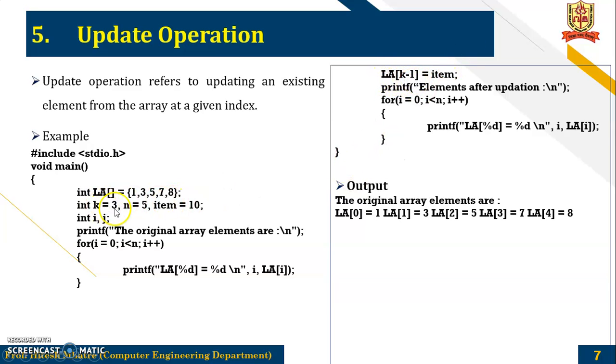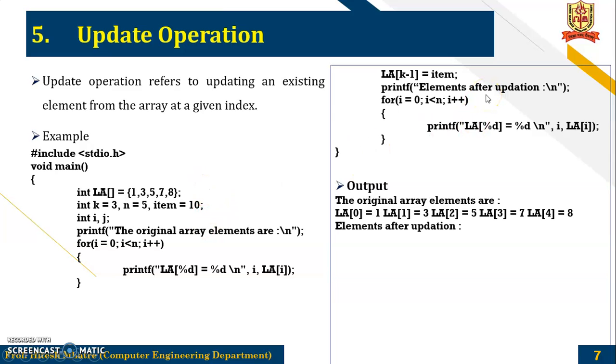Here the value of k is 3, that is I want to change at the third location. For an array, 3 becomes the second index, that is 0, 1, 2. That's why I'm writing k minus 1 equal to item. So instead of 5, the value of item, that is 10, should be replaced.